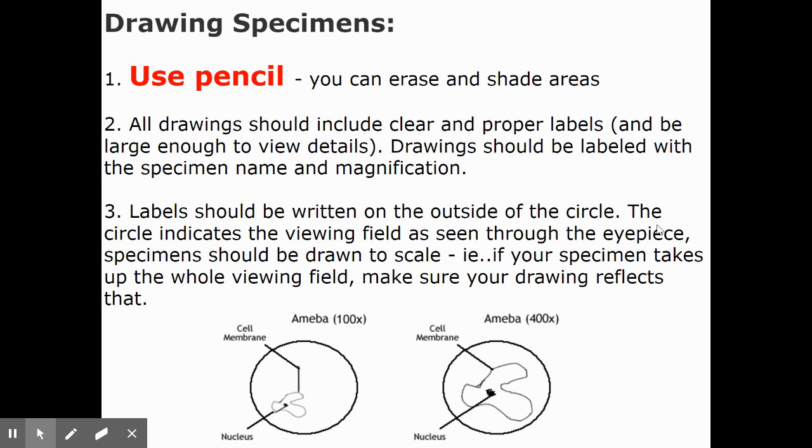You're going to label outside your field of view and make sure you draw them to scale. If your specimen takes up half the field of view, your drawing had better take up half the field of view. You're not just going to draw the shape, you have to draw what you actually see in that circle field of view.